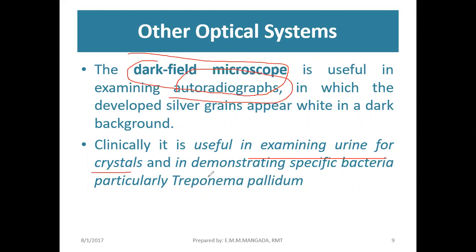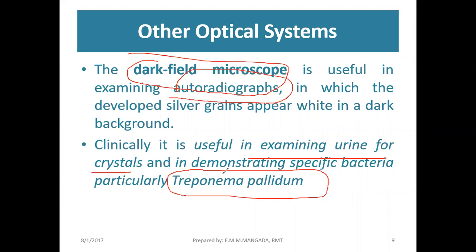You can appreciate them. And of course, it is also used in the diagnosis of syphilis. We can see the microorganism that causes syphilis, Treponema pallidum, or your syphilitic microorganisms. We can appreciate the appearance as well as the movement in your dark field microscope.